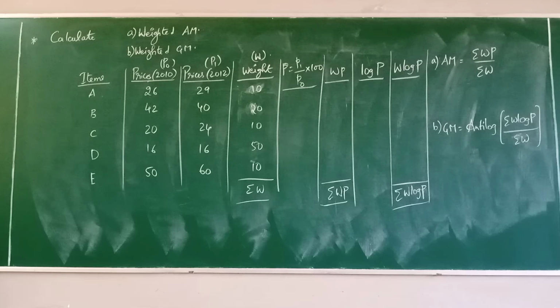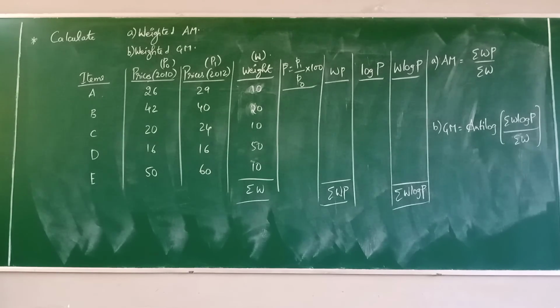That's the reason arithmetic mean will never be less than geometric mean. It is always greater than geometric mean. But in terms of conditions or limitations, geometric mean is the best average for finding an index number, because it gives the accurate value as well as the precise value.